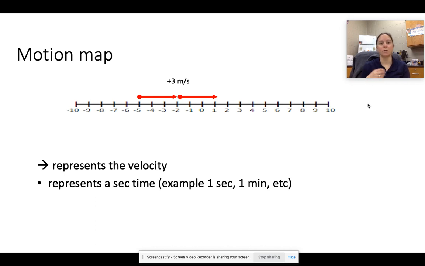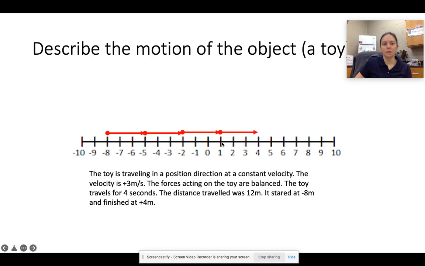So 1 second, 1 minute. In this scenario, the velocity is 3 meters per second because the object moved, notice 1, 2, 3, 3 meters. This is 1 second. So 3 meters per 1 second, and it's in a positive direction, and they do that twice.